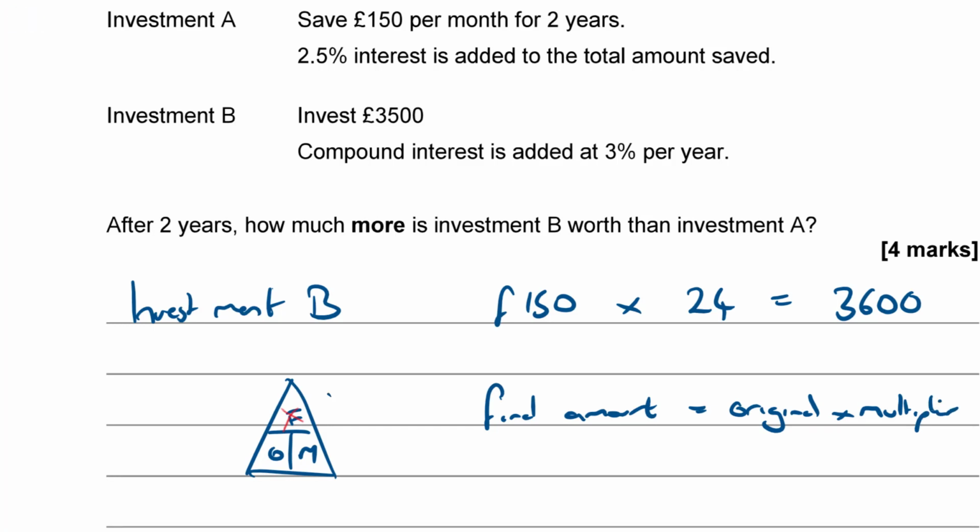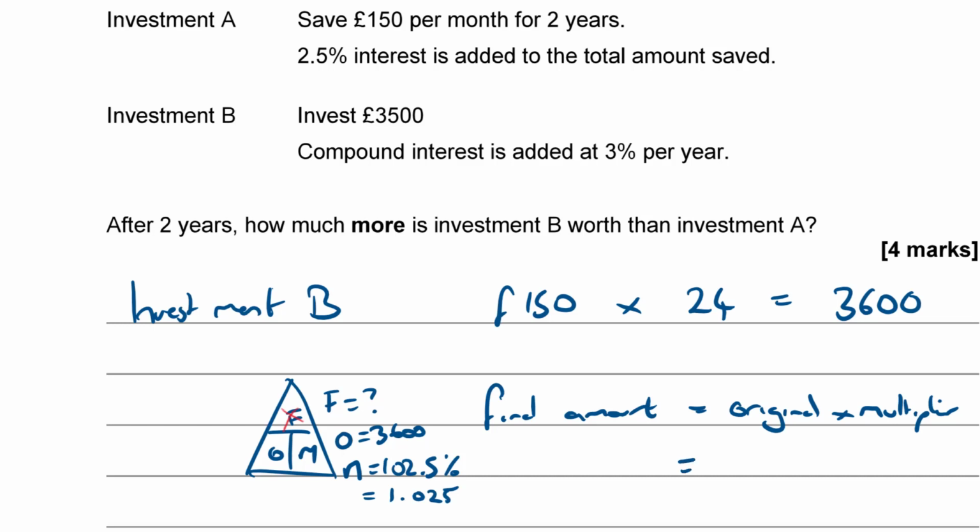Okay, so F here is what we're trying to find. O is the original amount, which is 3,600. And the M, the multiplier, is a 2.5% increase, isn't it? So it's 102.5%, which as a multiplier is 1.025.